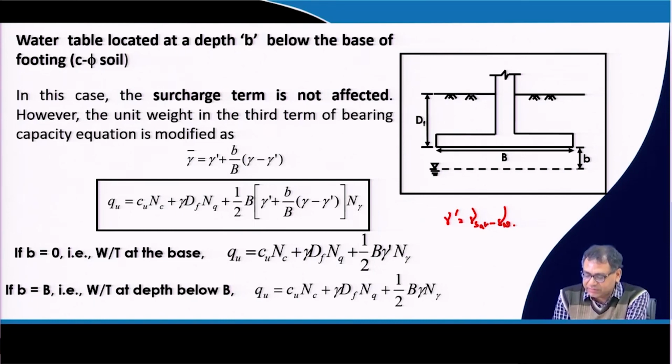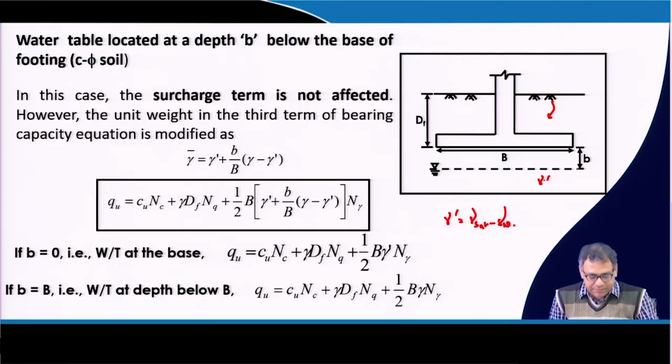So, I will use this expression for gamma sat, and gamma is the unit weight of the soil above the water table, and this is gamma sat, gamma dash. This is the equation by which we can determine the bearing capacity by incorporating the water table effect.